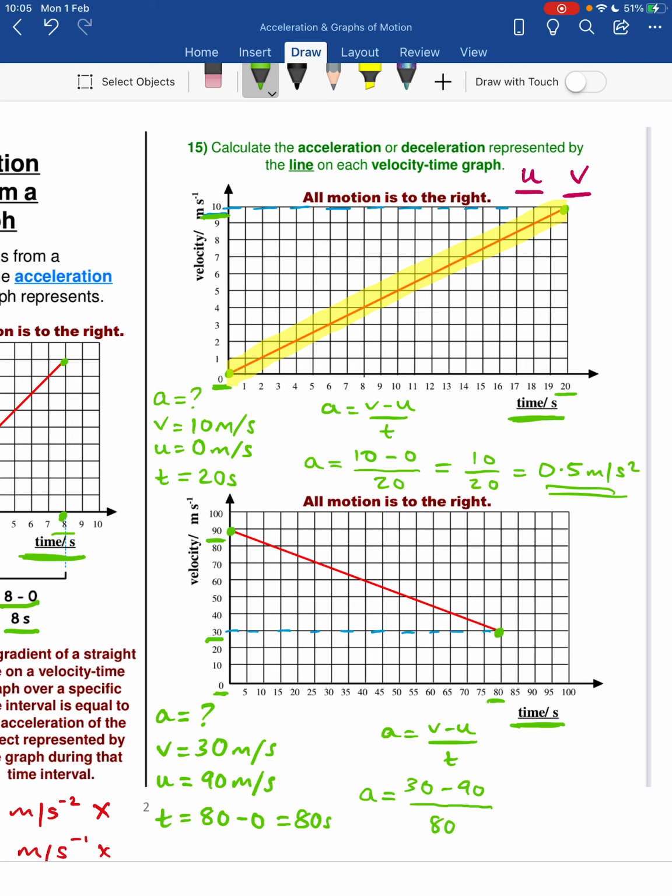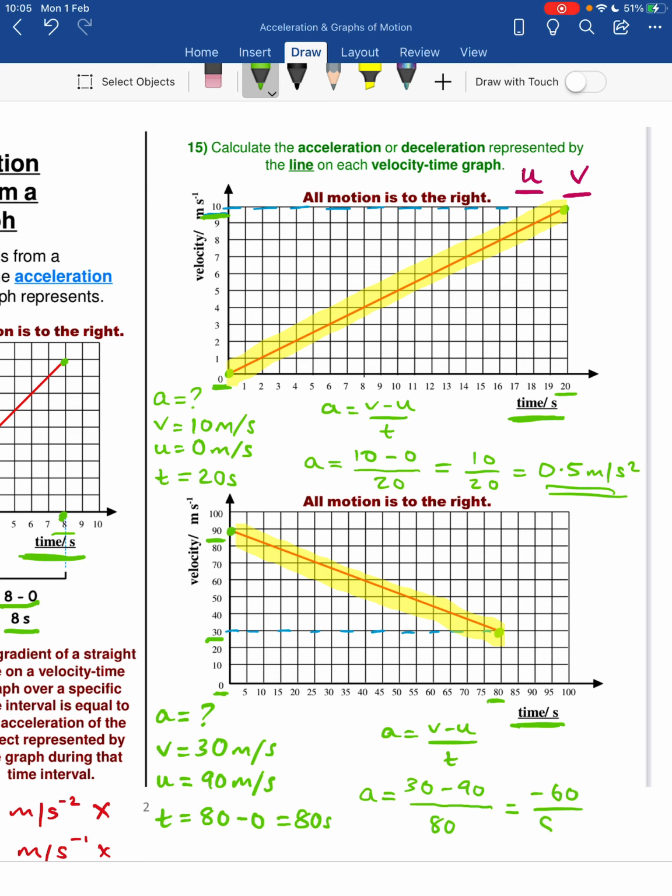Now from the top line we can see that it's a small number take away a big number, but that's okay because for this one you can clearly see the line is sloping downwards, which means the speed is decreasing. So it should be a small number take away a big number on the top line. If I simplify that, 30 take away 90 gives me negative 60.